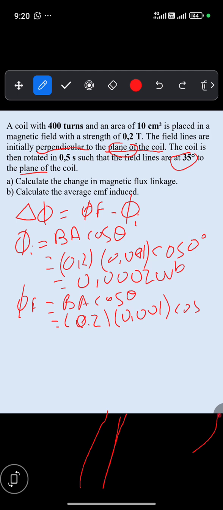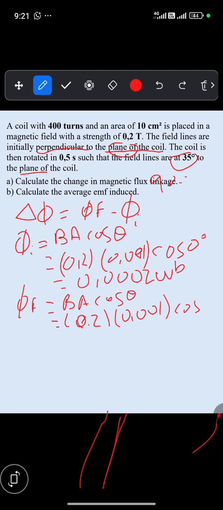35 to the plane. So this is not the normal 35, because the word normal is not there, and the word axis is not there. When you see the word axis or the word normal, then it means that you are taking the angle as it is. The word normal is not there, which means now I have to subtract from 90.